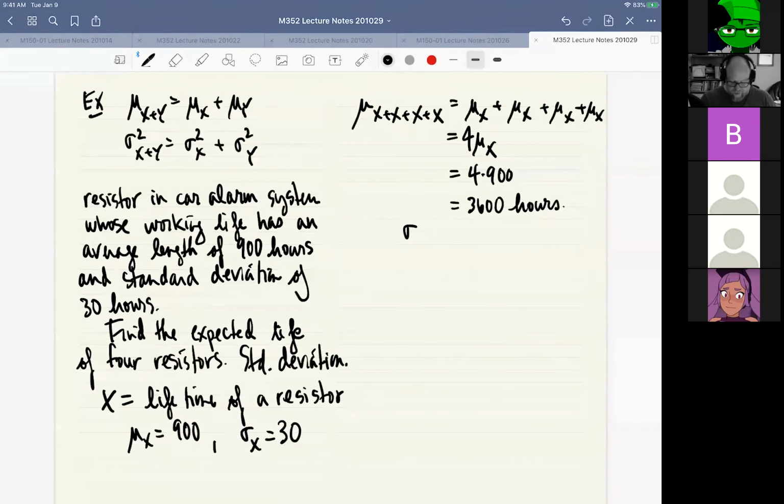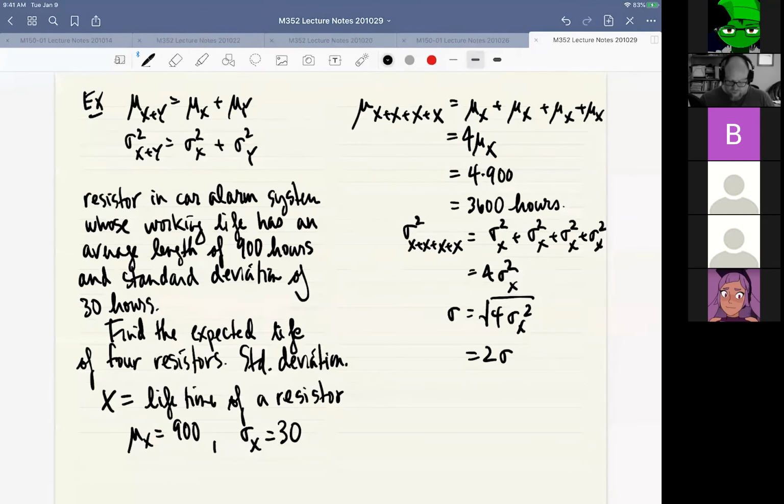How about the standard deviation? Well, let's look at the variance. The variance is also additive. So that's 4 times the variance of x. So the standard deviation is the square root of that.